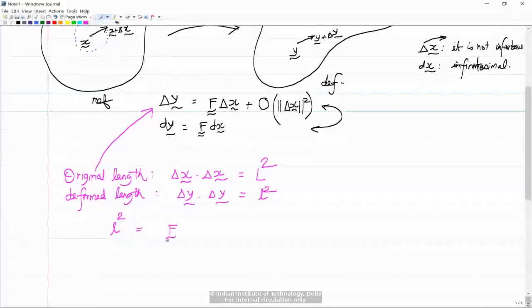So we have big F delta x plus big O of delta x whole square. I hope that all of you are aware of this big O notation till now. Anybody not aware of this big O notation? Anyone?